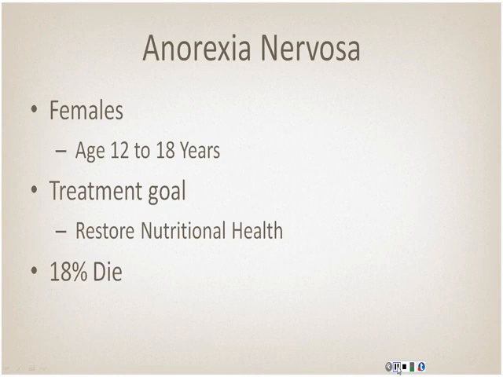Then there's an eating disorder, anorexia nervosa. I'm sure that most of you, if not all of you, have heard about this. This eating disorder is thought to be more psychological in origin. It most commonly occurs in girls between the ages of 12 and 18, usually from middle or upper class Western culture.